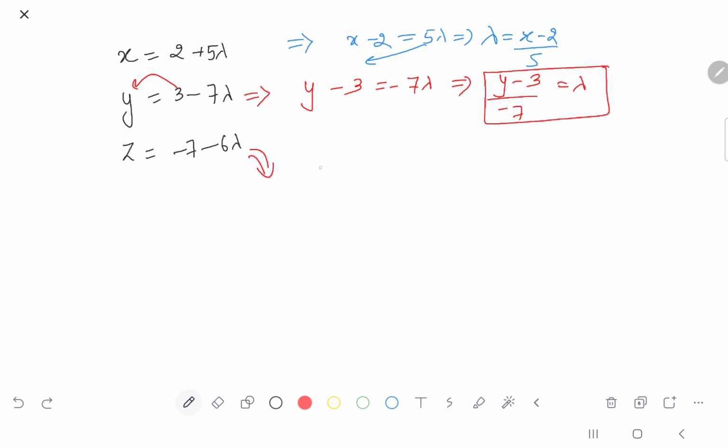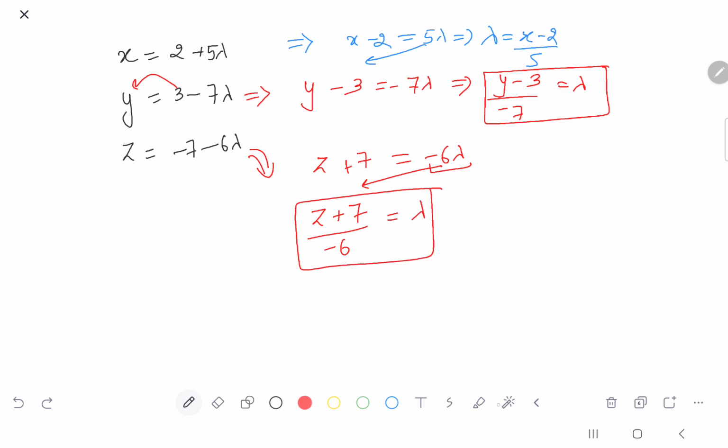And z plus 7 is minus 6 lambda. The minus 6 comes down because here it is multiplication, so z plus 7 over minus 6 gives me lambda.